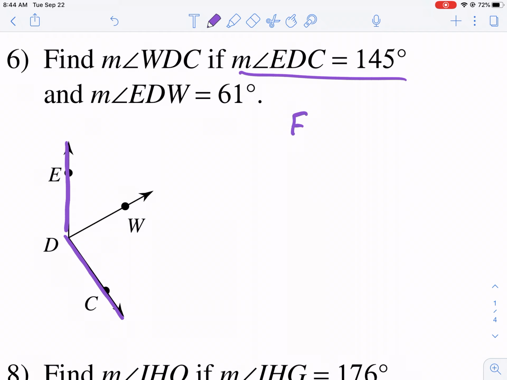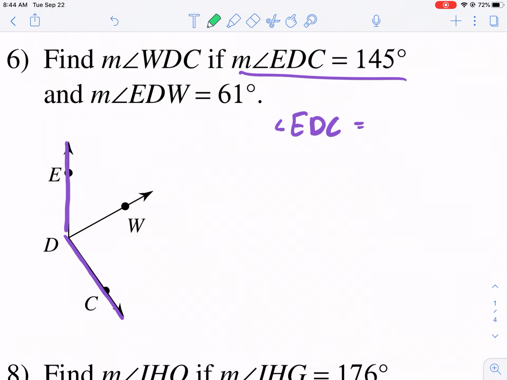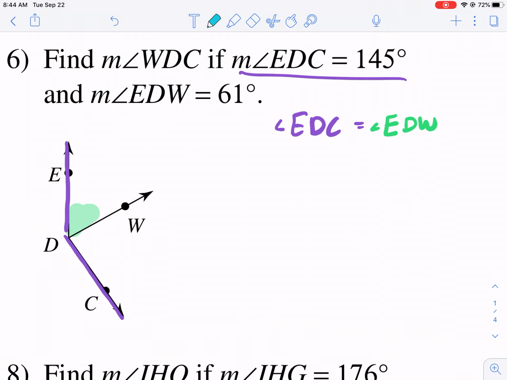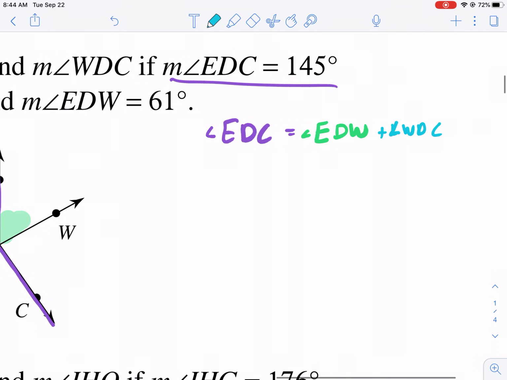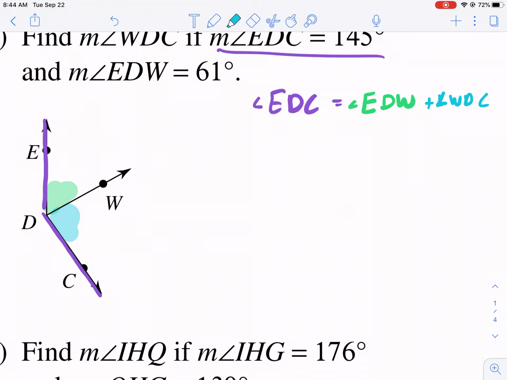We know angle EDC is equal to angle EDW, this angle here, plus the smaller angle, angle WDC. You can see clearly that the addition of those two smaller angles is equal to EDC.